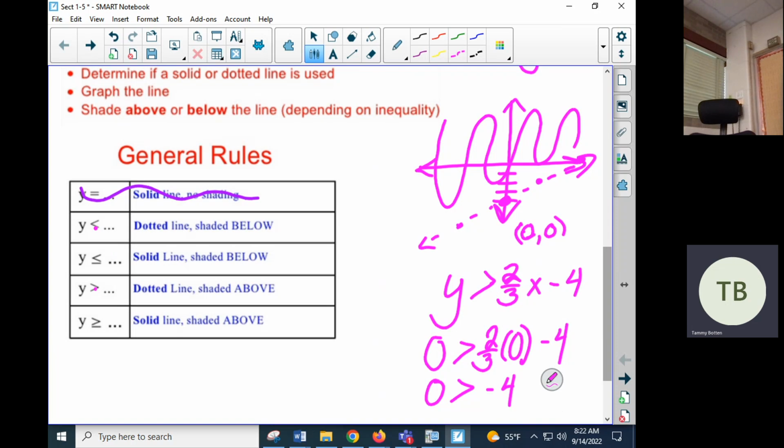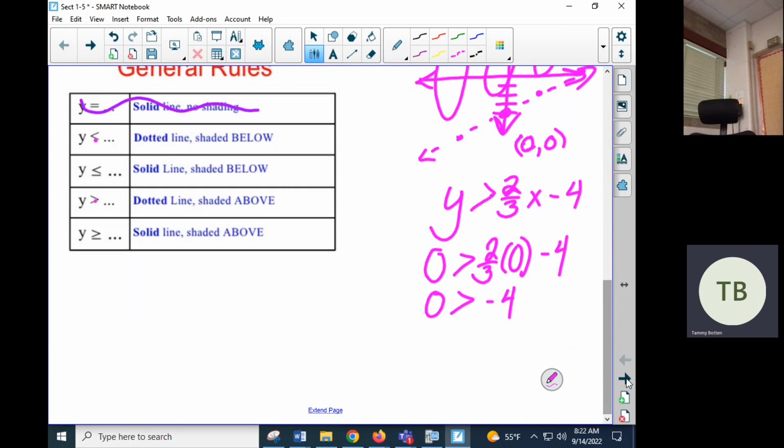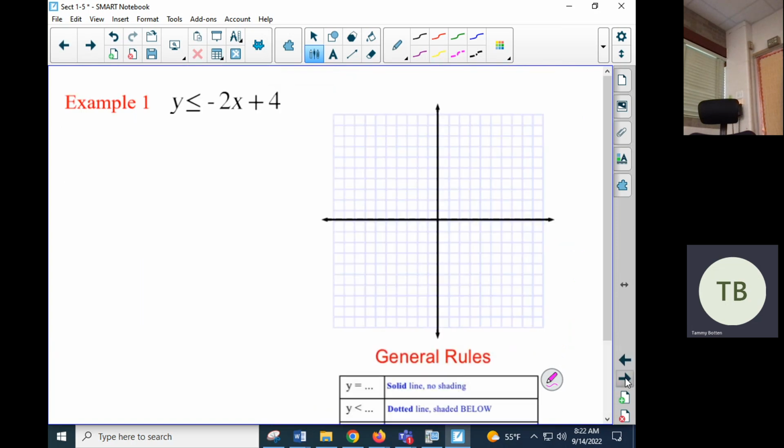If it's greater than or equal to, then you'd have a solid line and shade above. If it's less than, no equal sign, it would be dotted and you'd shade below it. So down here, and if it's less than or equal to, you would have a solid line and shade below. So we'll go over some examples and see how we do.